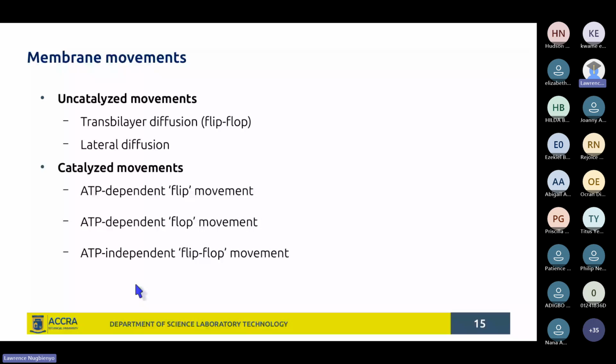So even though it is catalyzed, there is no use of energy in this form of movement. We will see we have a flip movement, we have a flop movement, and then the ATP independent is flip-flop, which means it will be in both ways. And we'll get to understand what we mean by flip and what we mean by flop.